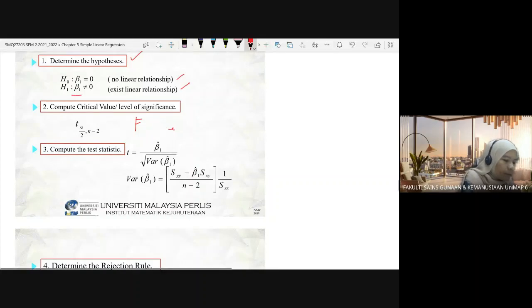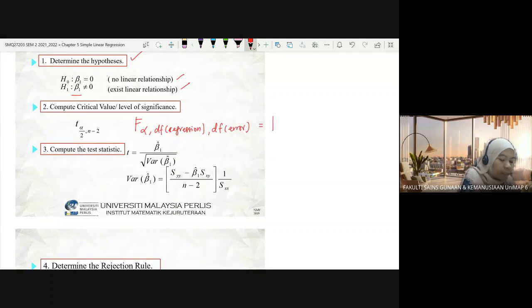For F, it will involve 3 parameters: alpha, the degree of freedom for regression, and the degree of freedom for error.